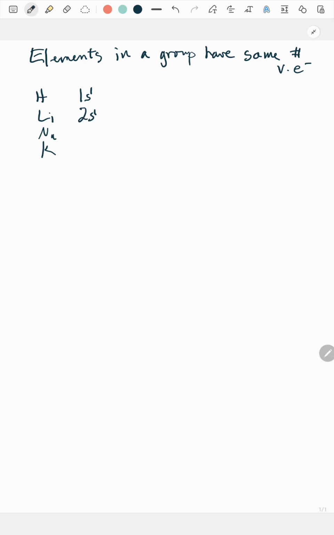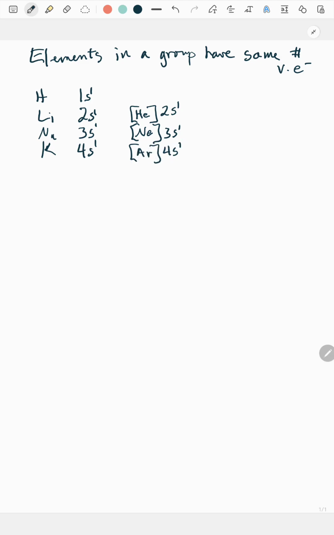If we do their electron configurations, we'll find out that they end up with 1s1, 2s1, 3s1, 4s1. In fact, I could write them as noble gas configurations in this way: helium 2s1, and then neon 3s1, and then argon 4s1.